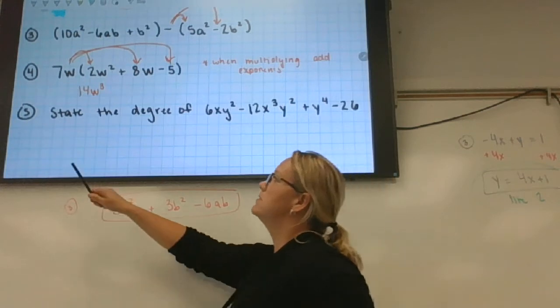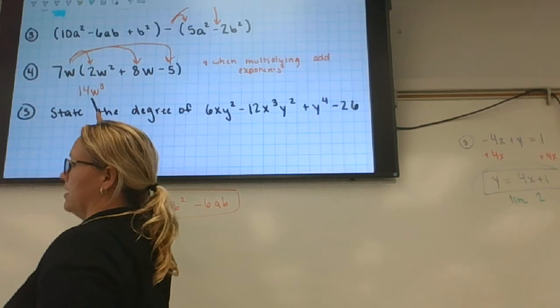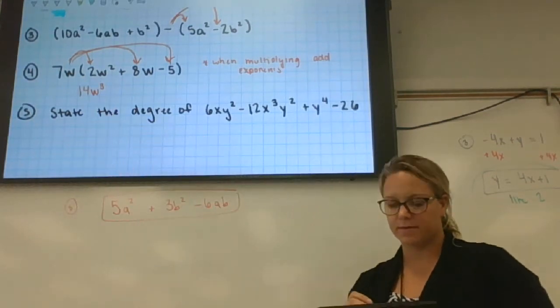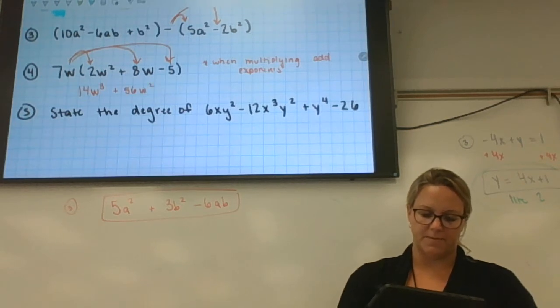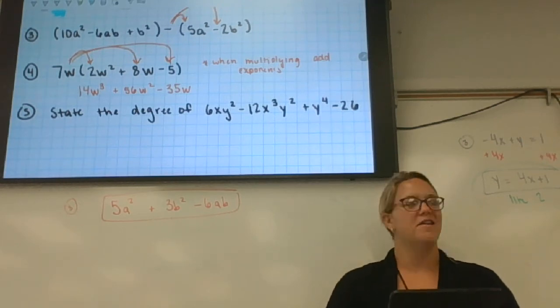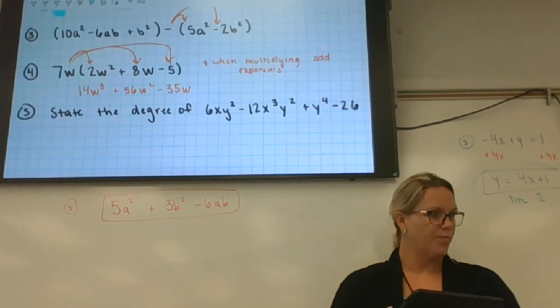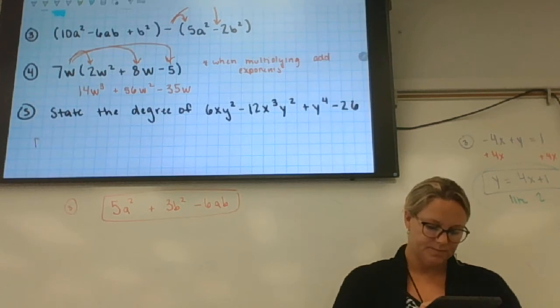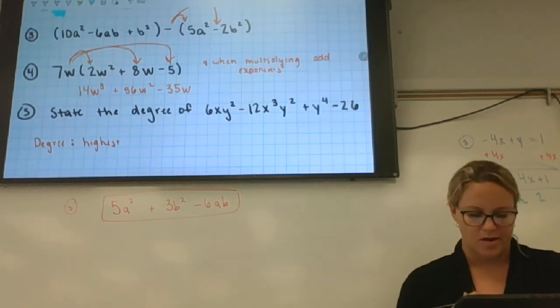So w1 times w2 makes w3. Plus 56w squared minus 35w. It's the exponents you gotta check. That's the final answer. Nothing else you can do.